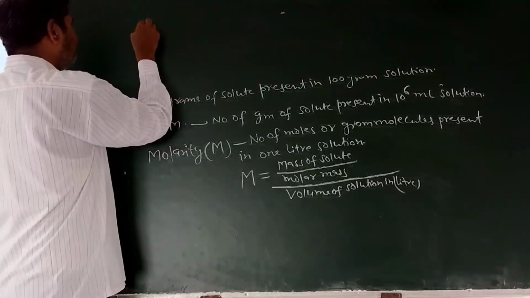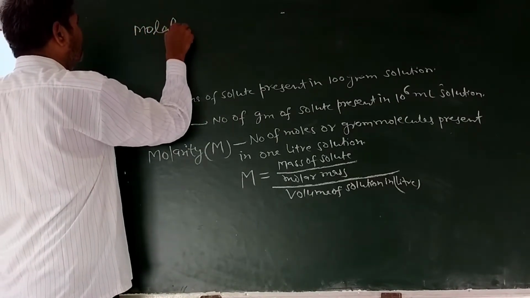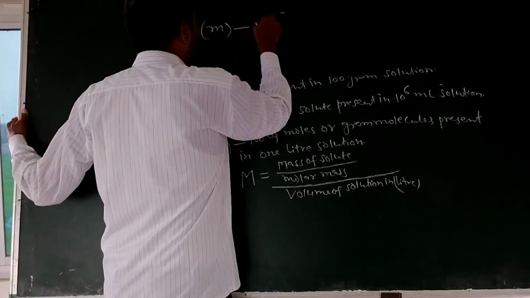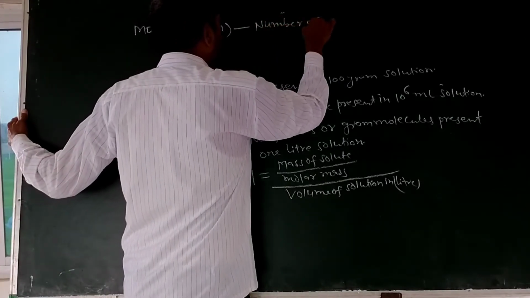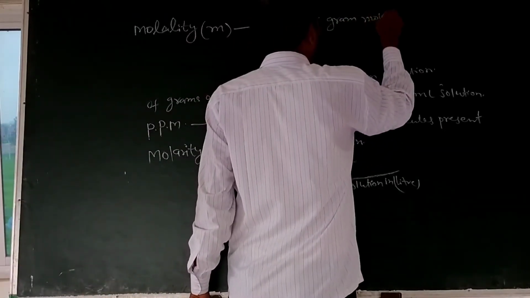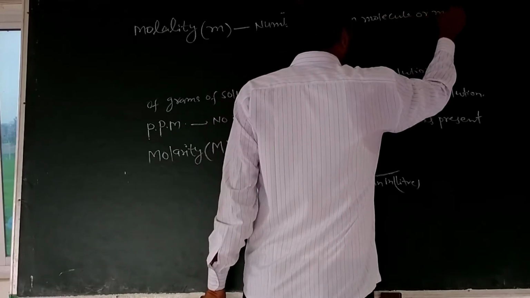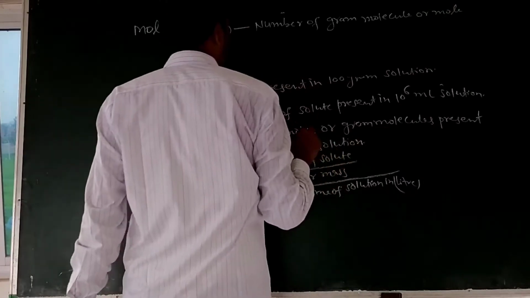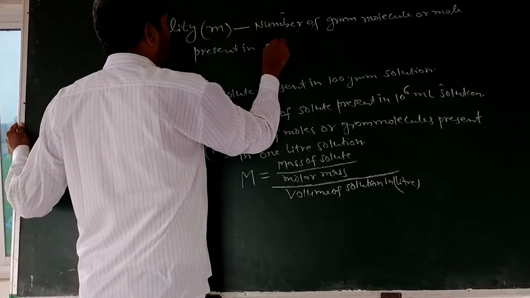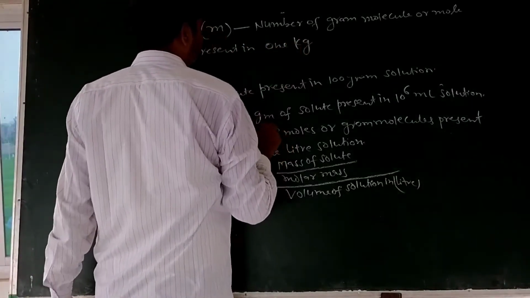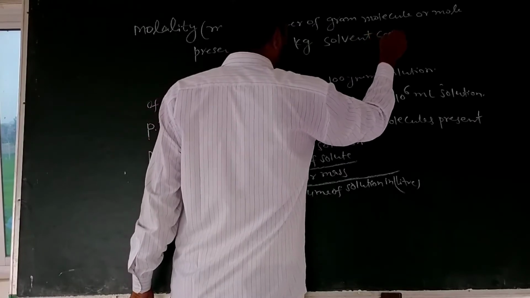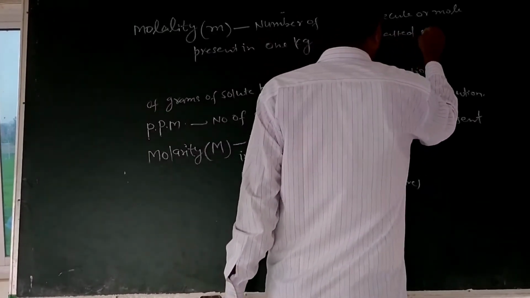Now molality. It is represented by small m: number of gram molecules, gram molecule means mole, present in 1 kg of solvent is called molality.